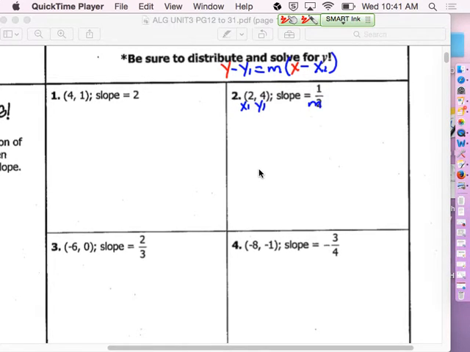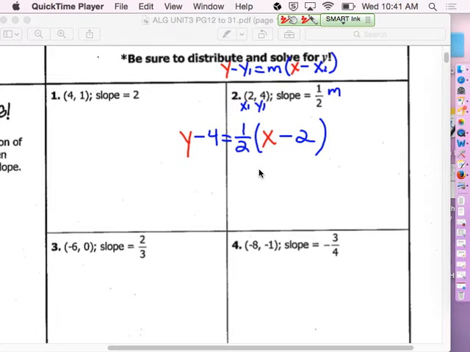So let's set up the pieces. So I have the red y, and I'm going to subtract 4. The slope is going to become 1/2. Here's my m. Slope will become 1/2. The red x stays in the problem, and then I will subtract 2. So I'm just simply replacing the pieces.